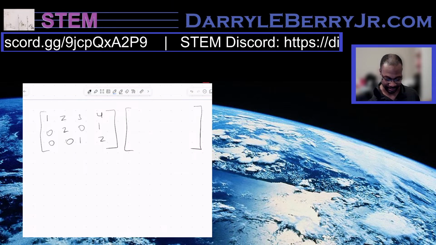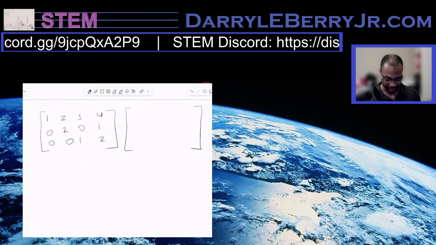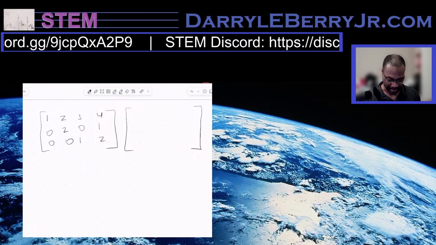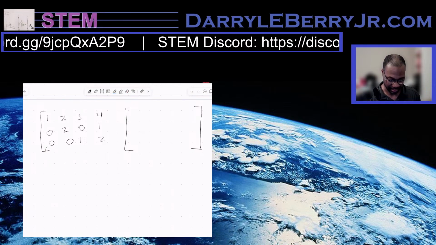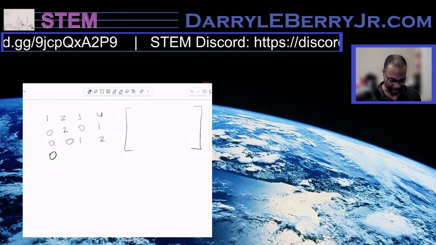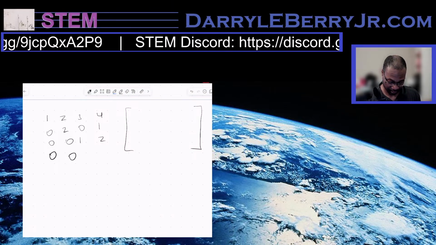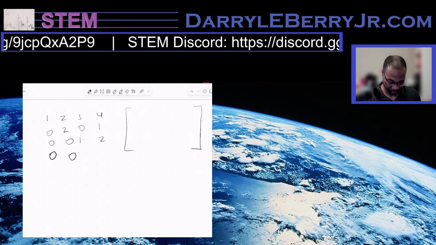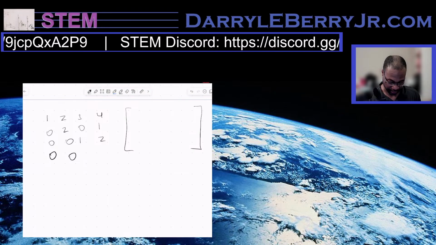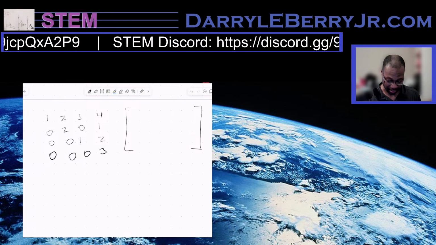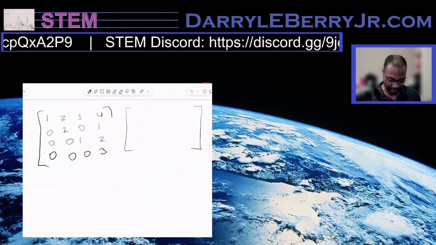Now, if you notice this matrix, actually let me make one more row to make it symmetrical. So let's add, and let's call this 3. Let's call this 0. All right.